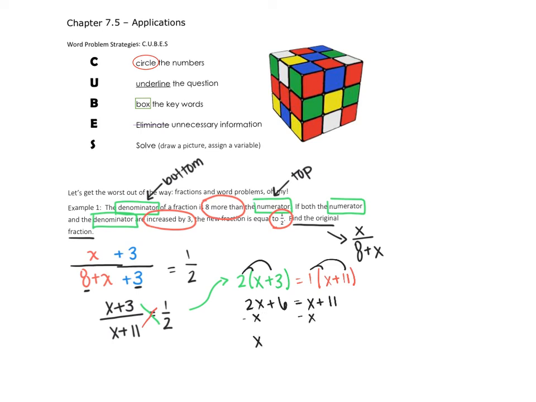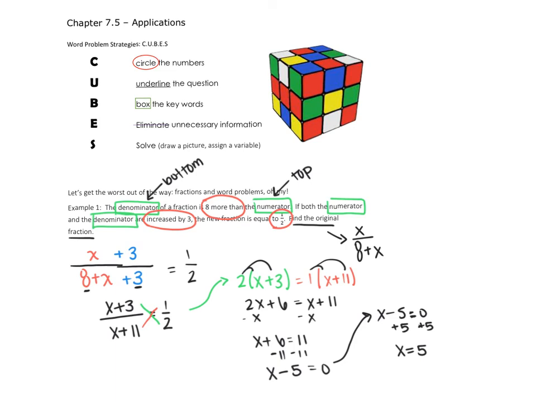I get x plus 6 equals 11. I can move over the 6 and get x minus 5 equals 0. Now I'm still working on solving for x. So x equals 5.